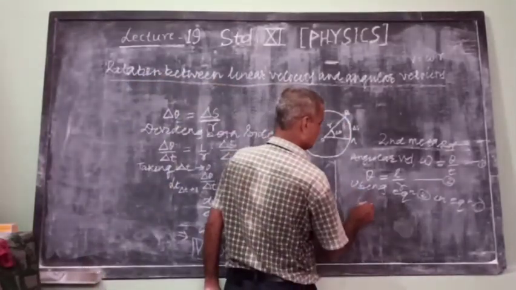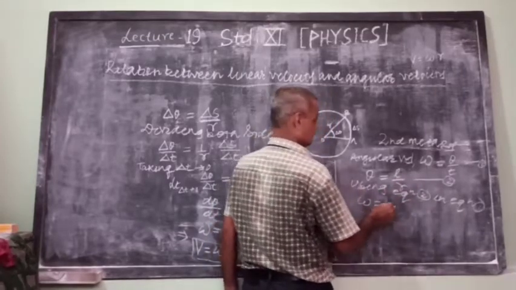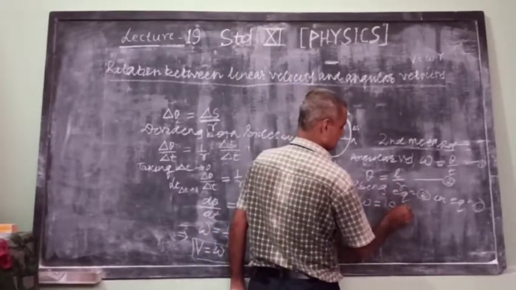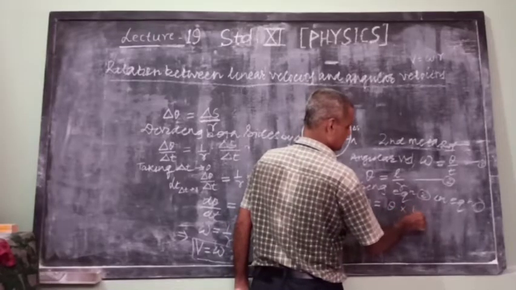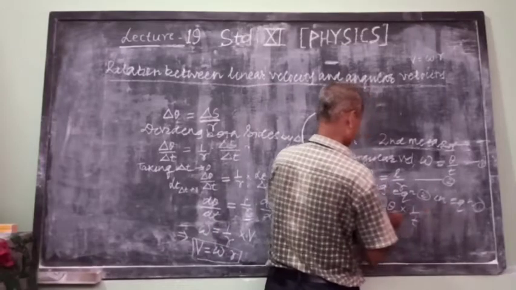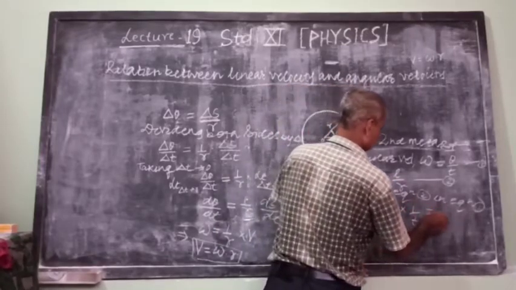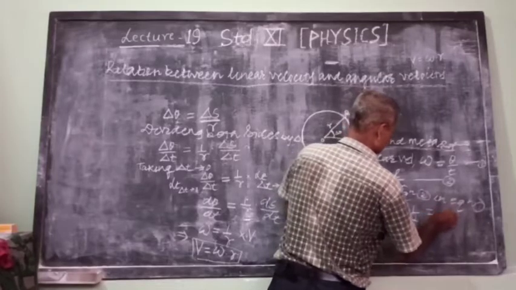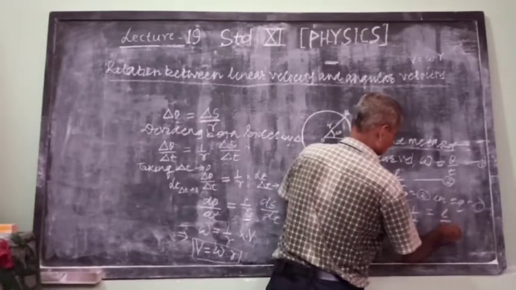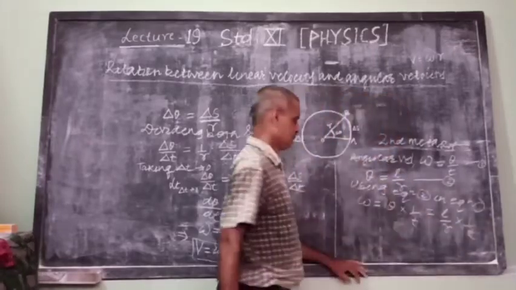So omega is equal to theta by t. Can I write theta into 1 by t? And the value of theta is L by R, so you should use L by R into 1 by t. Is it clear?